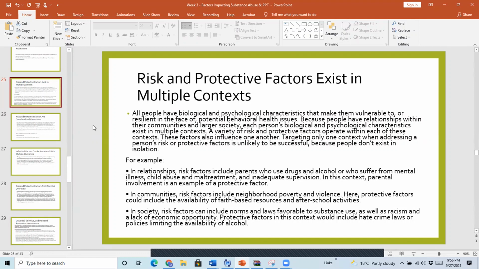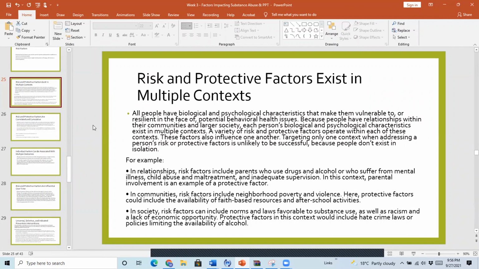How do we counterbalance that? In this context, parental involvement is an example of a protective factor. Let's say we have somebody in that family who's able to be there as a solid support system. You can sometimes counterbalance all of the negative risk factors that lead to somebody developing an addictive personality.